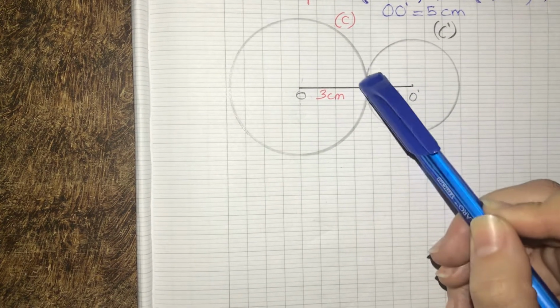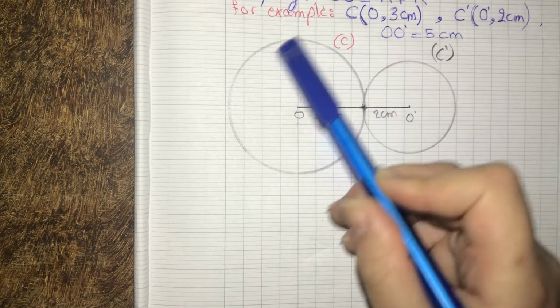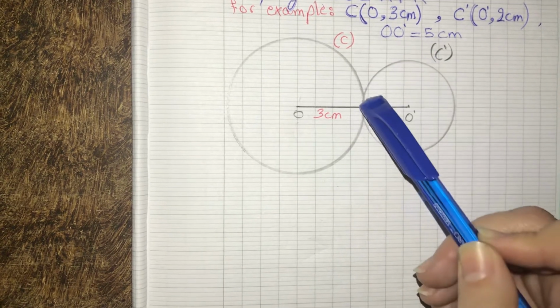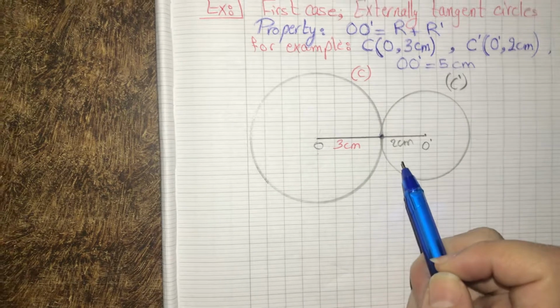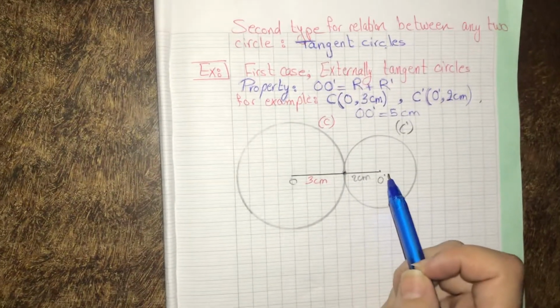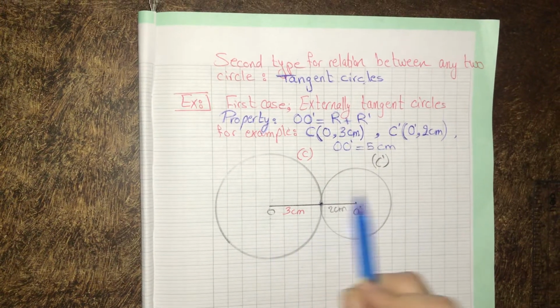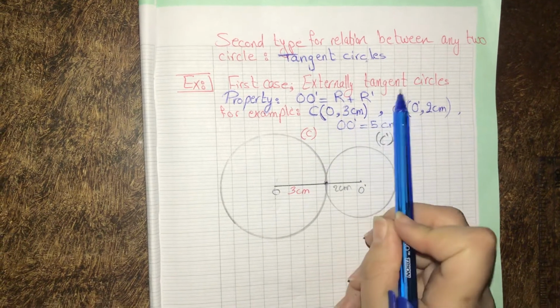Okay, the meeting of this circle with the other circle is at one point. So we call the type of relation between these two circles C and C prime externally tangent circles.